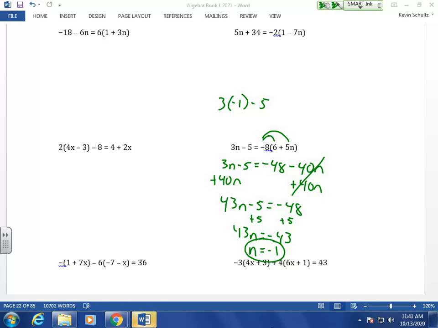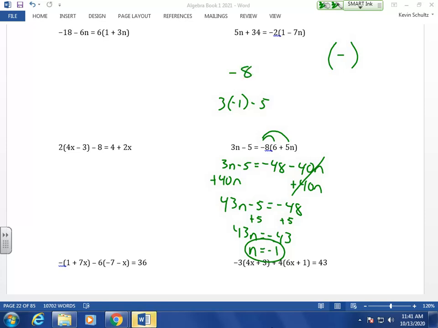Just remember that your negative sign is actually down at the bottom of the calculator by the decimal point. It's not the subtraction symbol. Your negative sign on most of your calculators looks like a negative in parentheses. So 3 parentheses, -1 parentheses, minus 5. That ends up being -8.